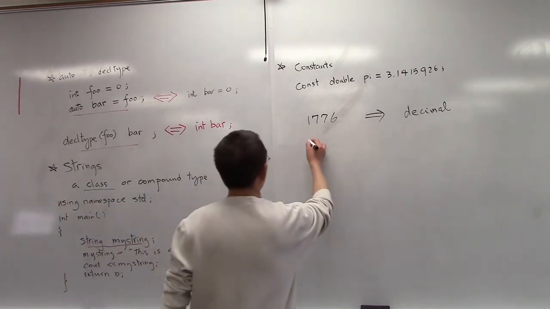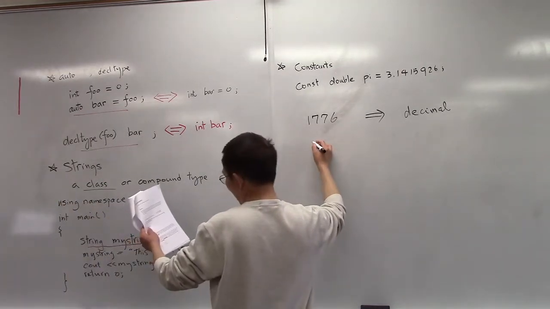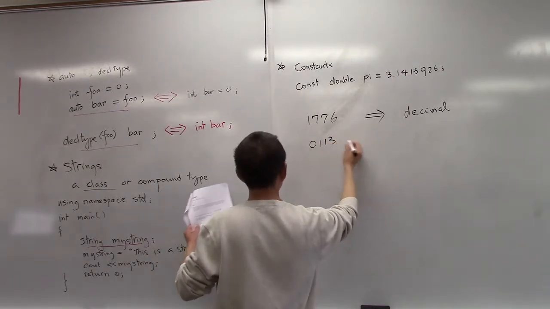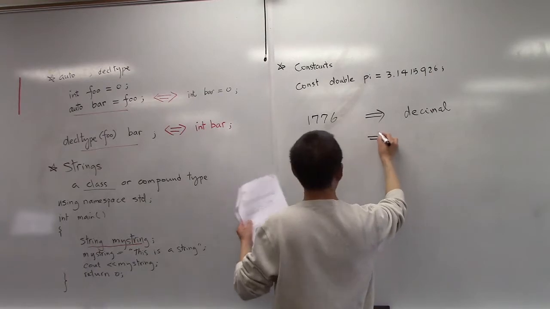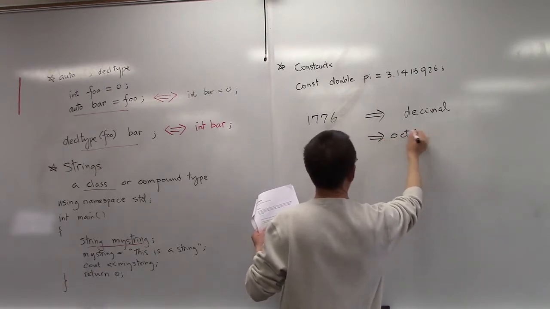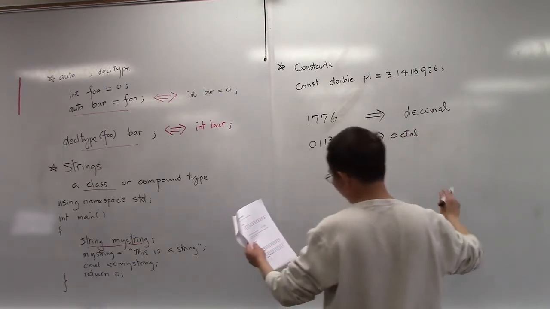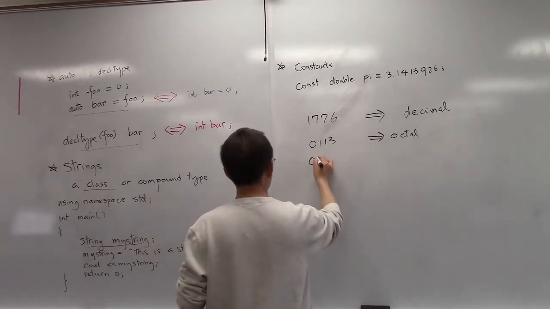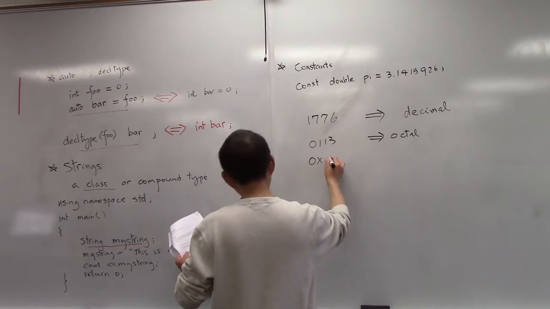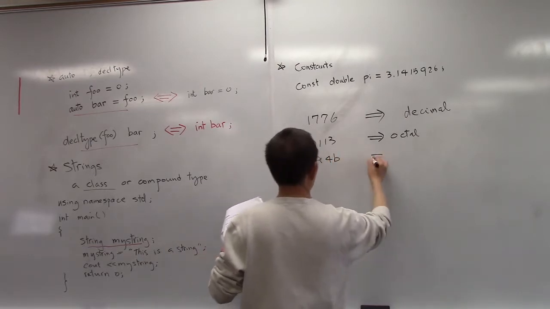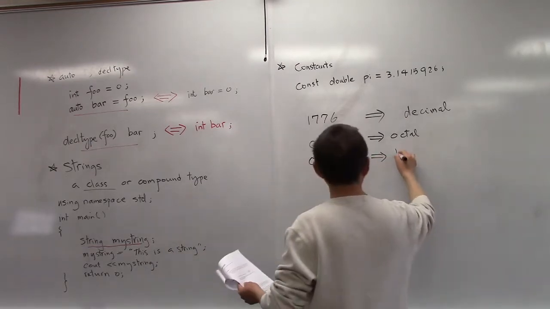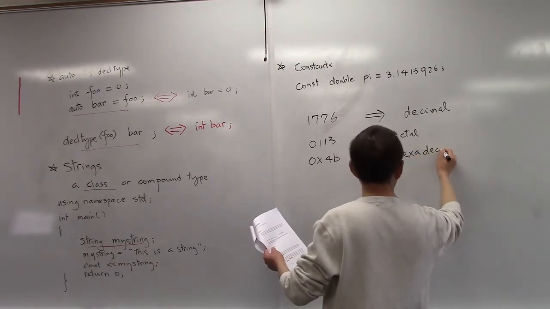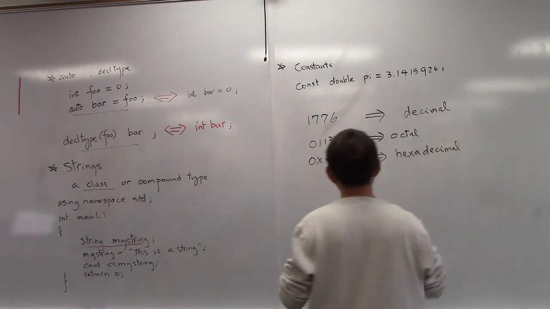And if you write a number starting with 0, like 0113, now that is an octal numerical value, okay? And if you write it with 0 and then x, and then 4b, that is a hexadecimal value, okay?